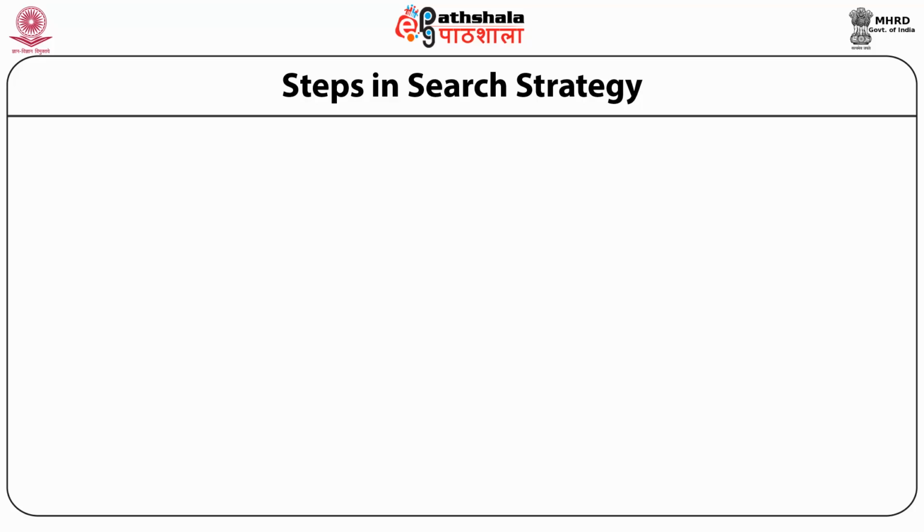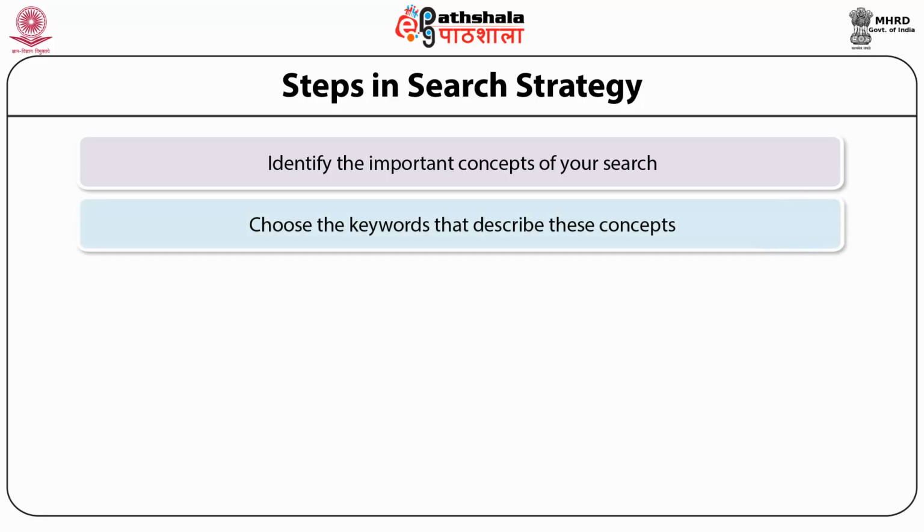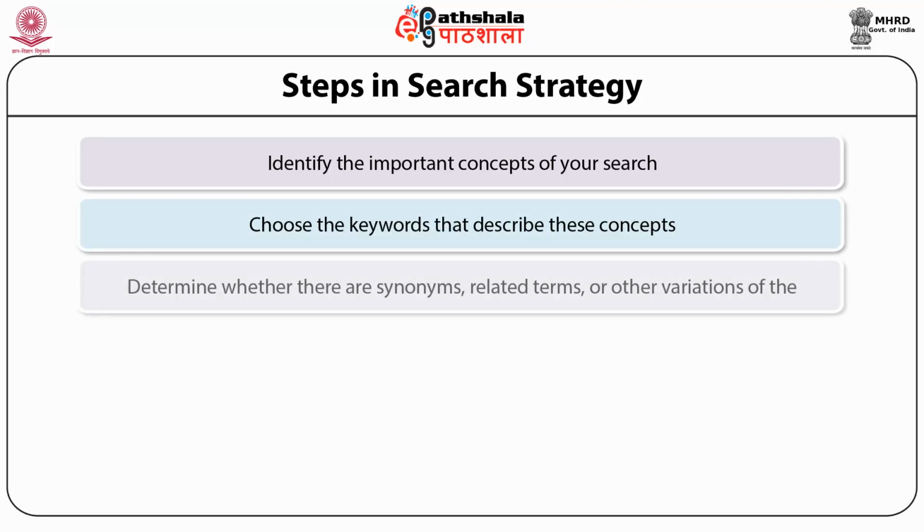It starts with the identification of the important concepts of your search. Then you have to choose the keywords that describe these concepts. Then you have to determine whether there are synonyms, related terms, or other variations of the words.